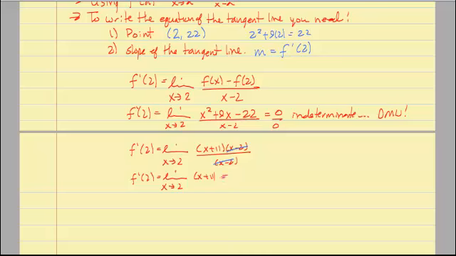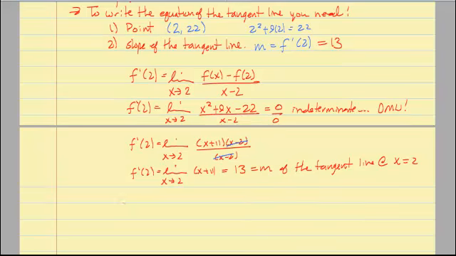And of course what we can do here is just plug the 2 directly in and I get 13. This is my slope of the tangent line at x equal 2. So that piece of information can come up here: my slope is equal to 13.